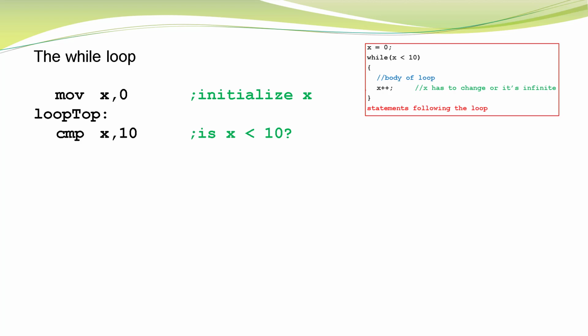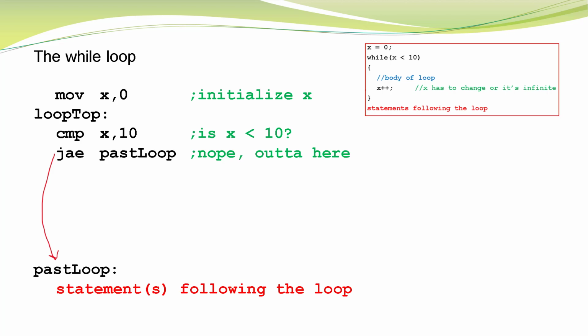If it's above or equal to 10, then the while loop won't admit entrance, and so we jump to the statements following the loop. This is another example of saying, what do I want to do if the condition's not met? If x is less than 10, then we don't take the jump, but instead we execute the code in the loop body.